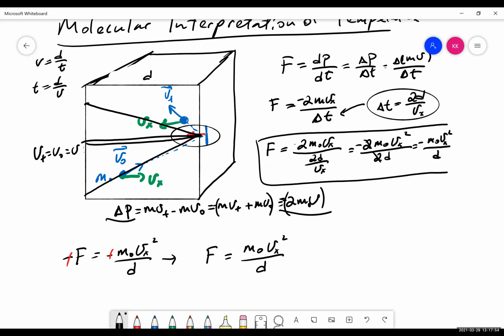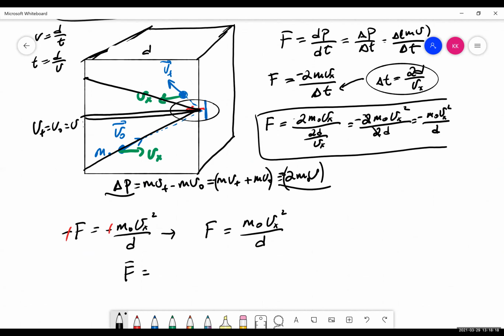Well, we can take this and generalize it, right? So we have n number of particles. Then we can look at it in terms of the average force, in terms of all the collisions in the wall. So the average force is equal to the sum: the first particle and second particle, same with the third one, right?